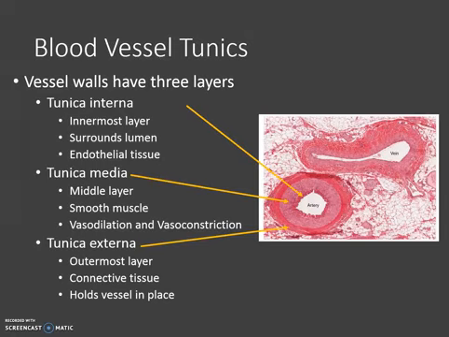So, for example, when the parasympathetic division is activated, there's going to be vasodilation of the blood vessels going to the digestive organs. That way the digestive organs can have more nutrients and materials needed to do digestion. It also allows for an increase in the absorption of nutrients from the food.